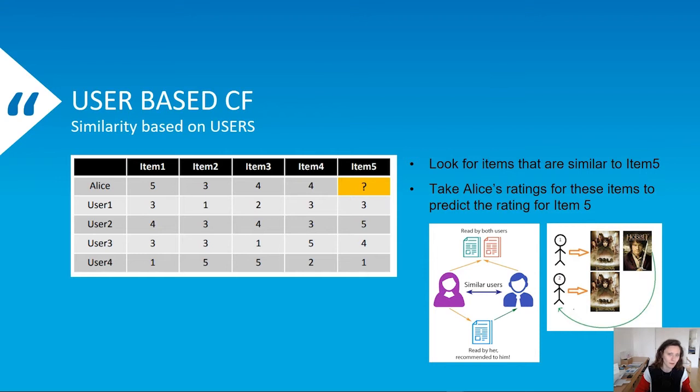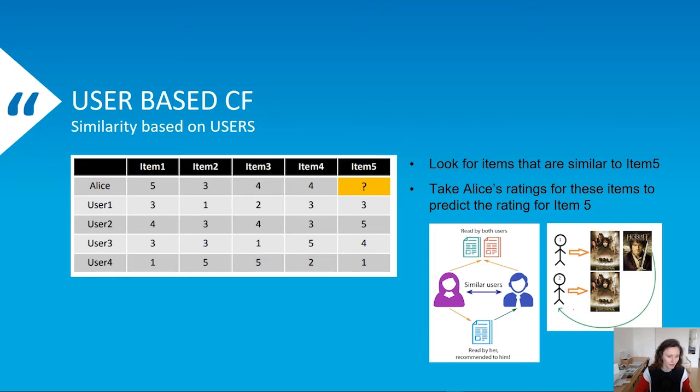In the user-based collaborative filtering approach, we are going to calculate item 5 based on similar users to Alice. So we have to look at which user or users are similar to Alice in terms of ratings. In other words, which users have similar ratings to item 1, 2, 3, and 4, sorry.